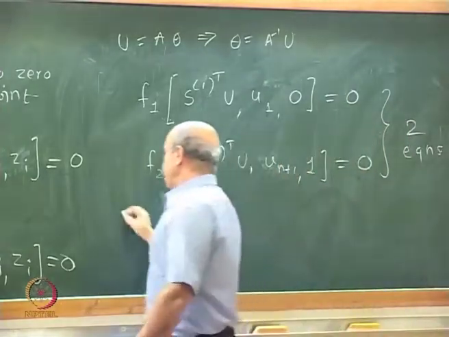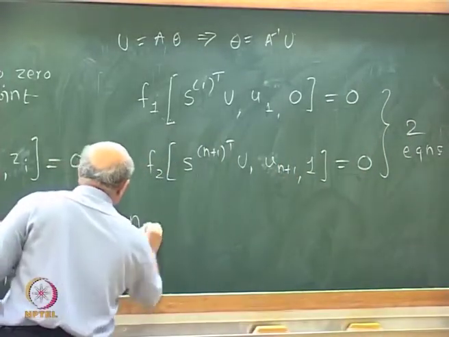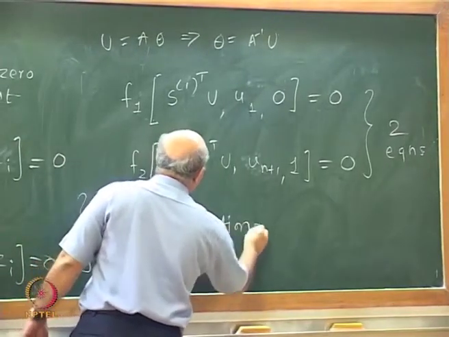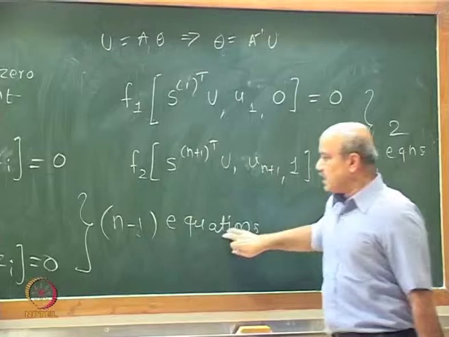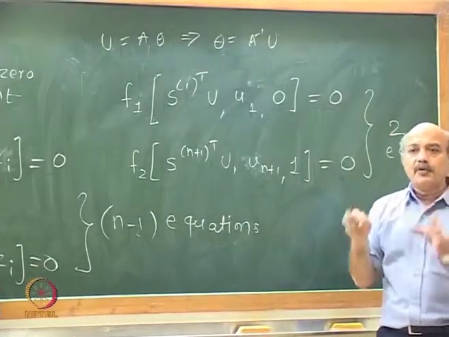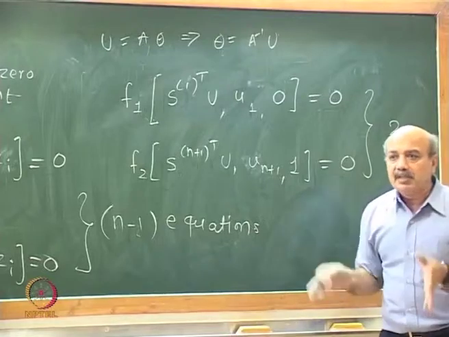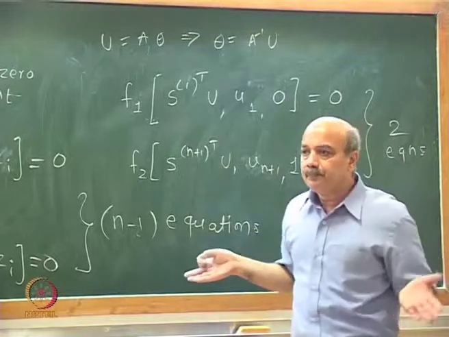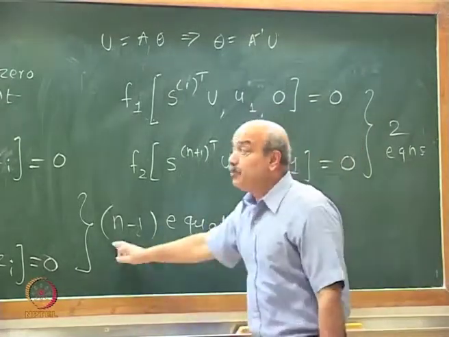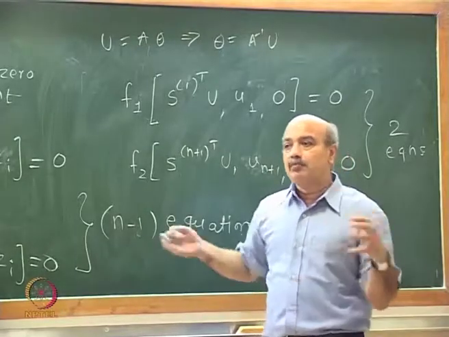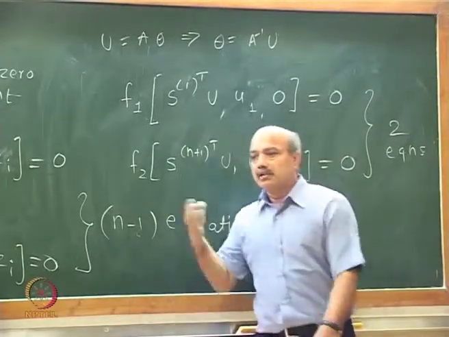and these n minus 1 equations. These n minus 1 equations together with these 2 equations form the set of n plus 1 equations in n plus 1 unknowns, which we need to solve simultaneously. If these happen to be linear algebraic equations, you can solve them analytically. If they are non-linear algebraic equations, you have to solve them iteratively.